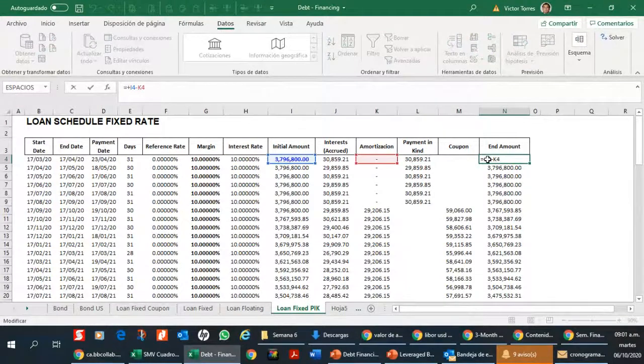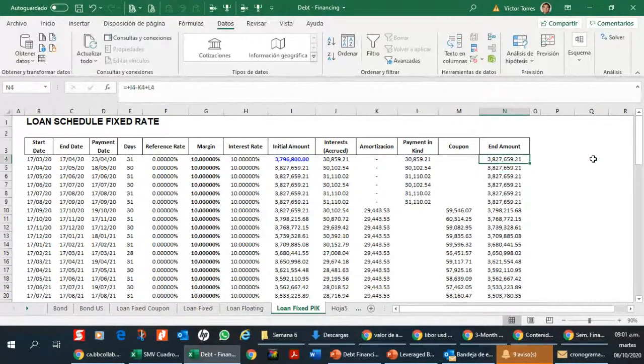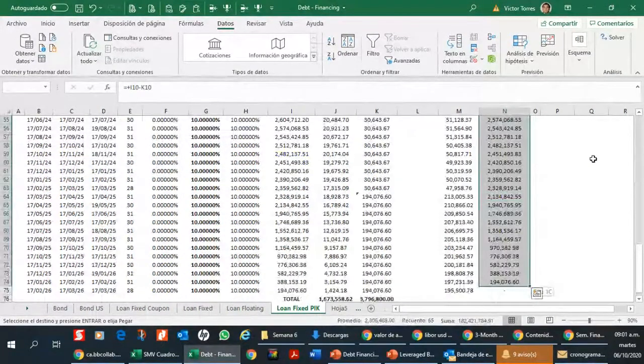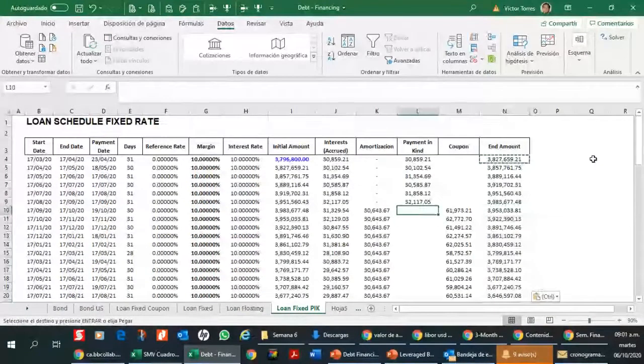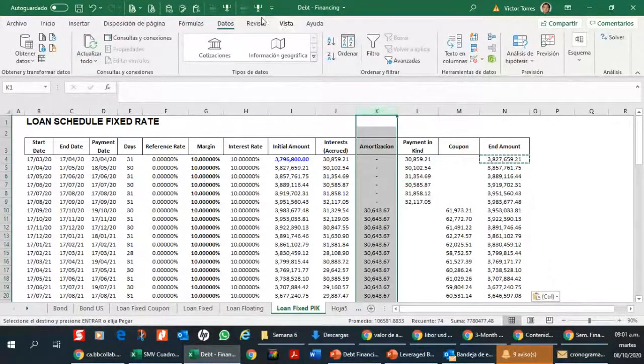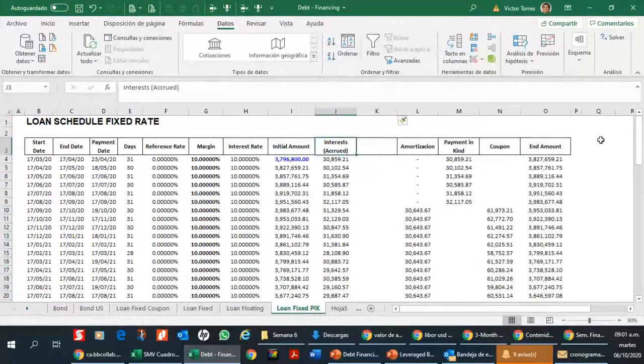So what you are going to be observing is that we convert this formula to an increase in these elements. And I'm going to copy the formula below. You observe what is going to be happening. Finalize here. Here, the separation between interests, right?